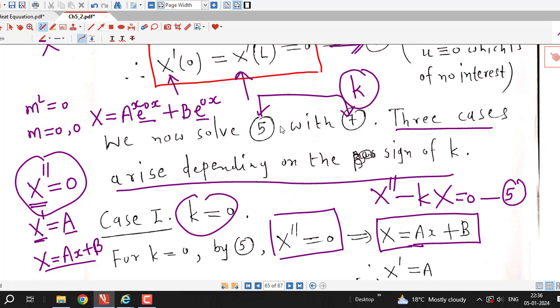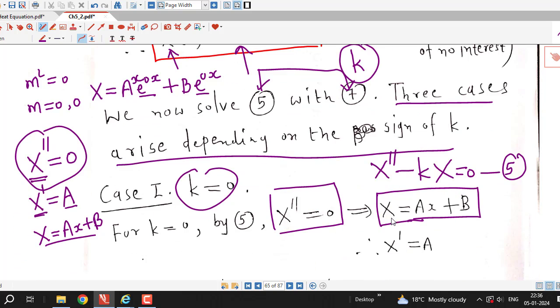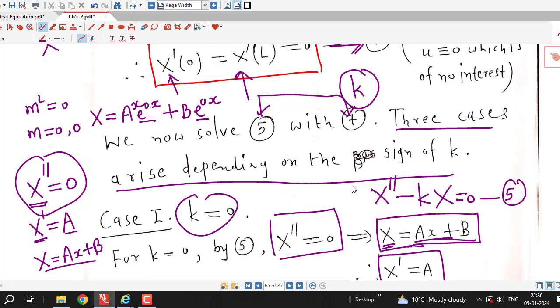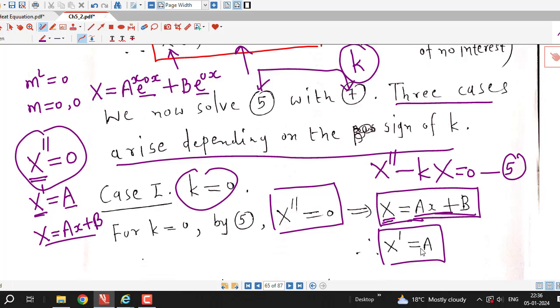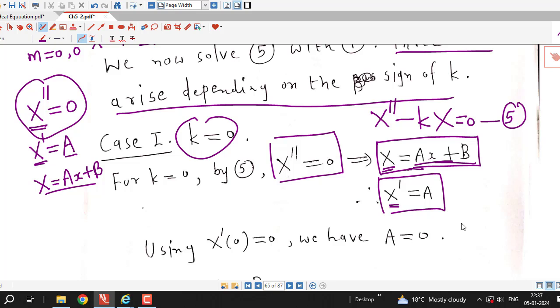So we obtain, first we find that derivative of this x is capital A, and we have x dash 0 equal to 0. So if we use this condition, then we can see this is capital A at any point x. So x dash 0 equal to 0 will give us A equal to 0.